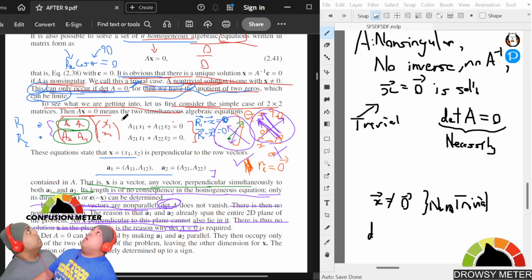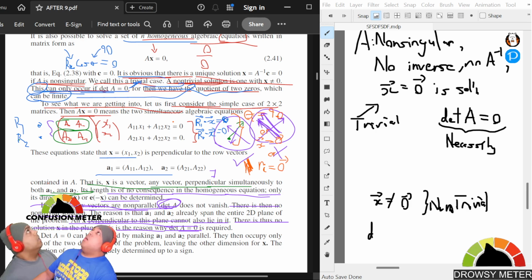The length of x does not matter because theta is 90. Only its direction, x or minus x, can be determined.